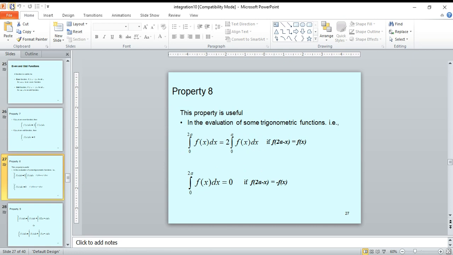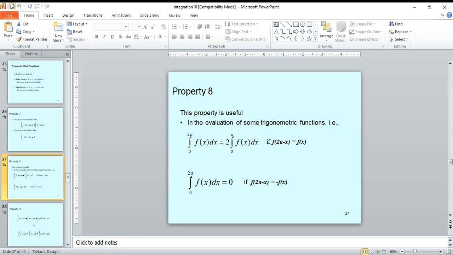Property 8. This property is useful in the evaluation of some trigonometric functions. That is, integration 0 to 2a f of x dx equals 2 into integration 0 to a f of x dx if f of 2a minus x equals f of x, and integration 0 to 2a f of x dx equals 0 if f of 2a minus x equals minus f of x.